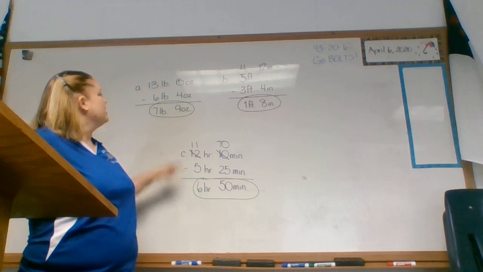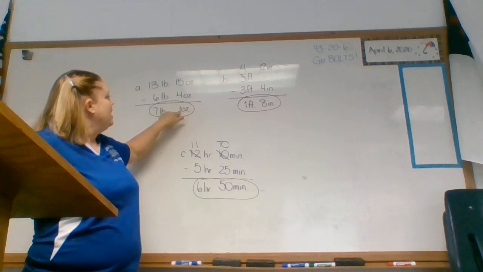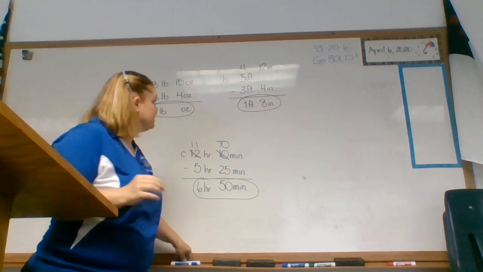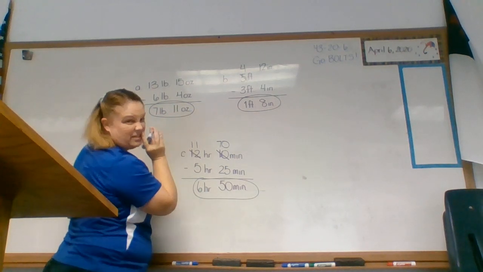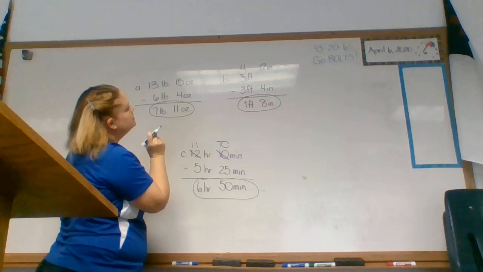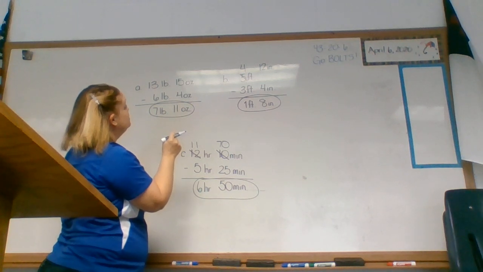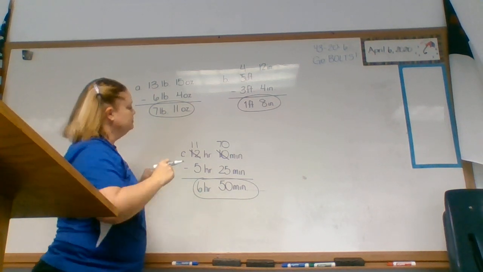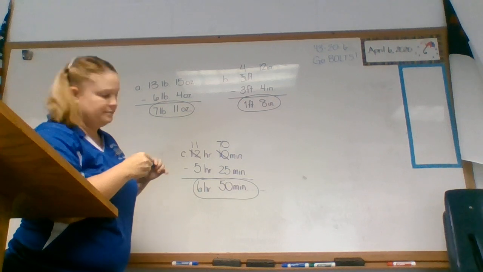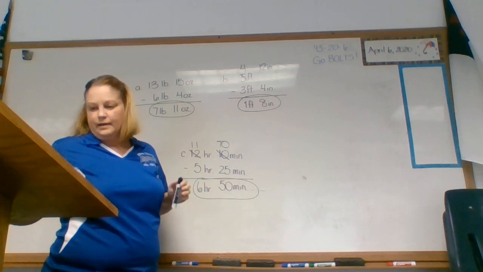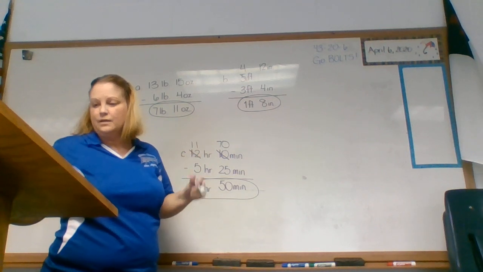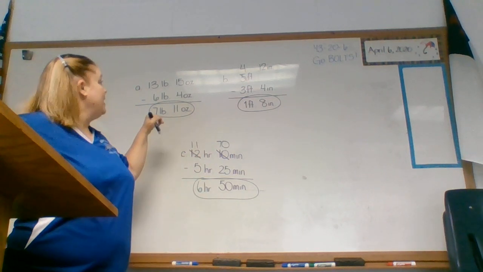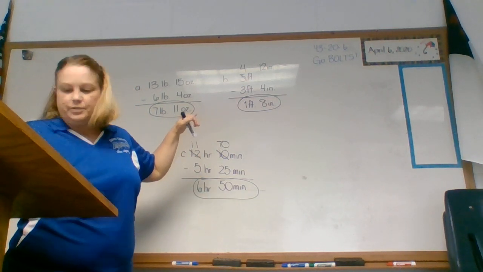Wow, I didn't subtract correctly. I want to fix this one. I knew that was going to happen. This is what happens when I rush. All right, hopefully you are back. Let's make sure I have them correct.